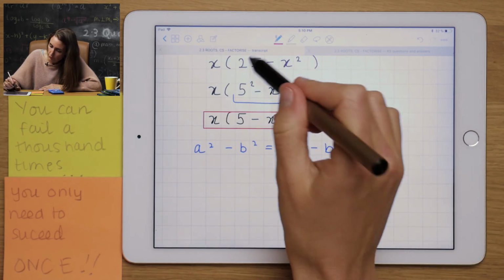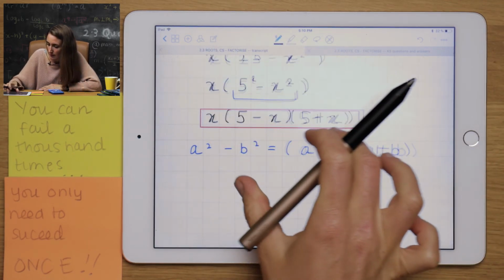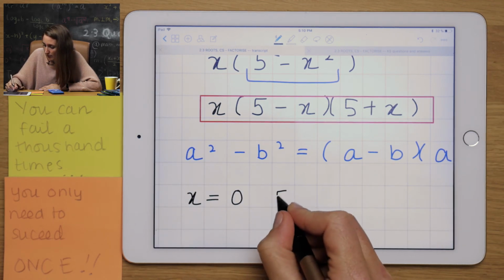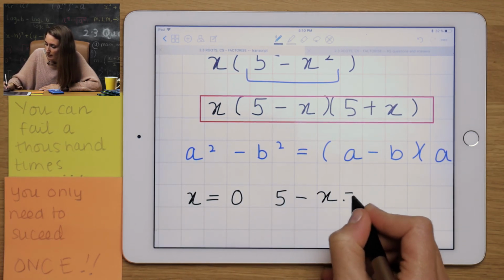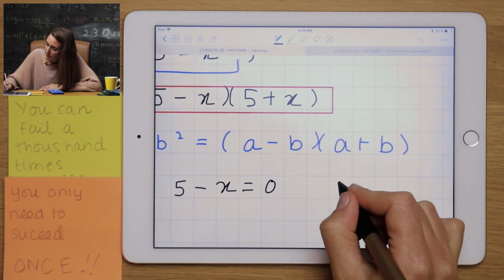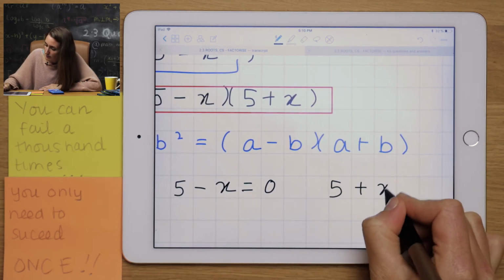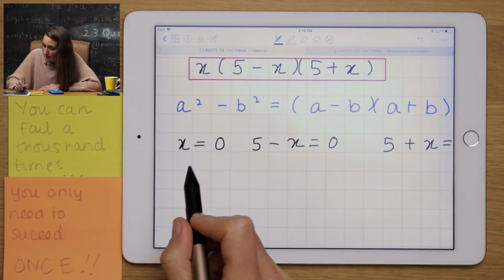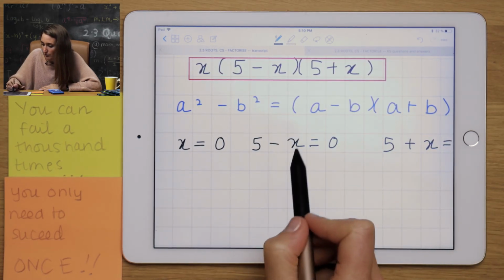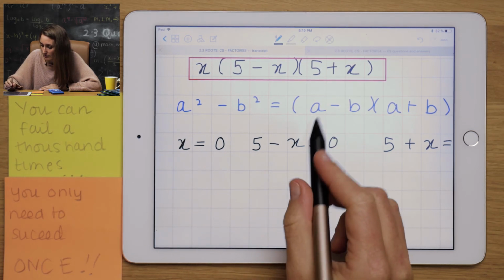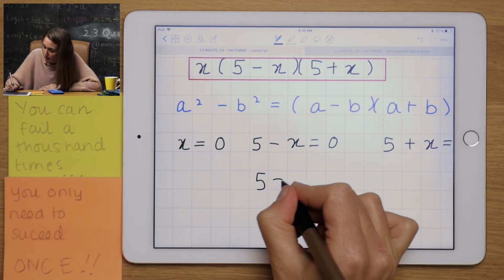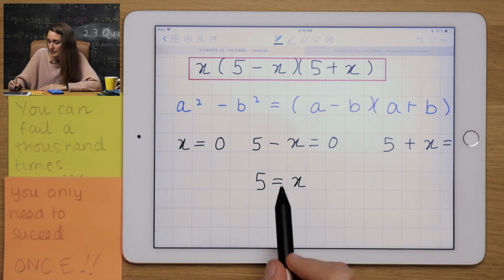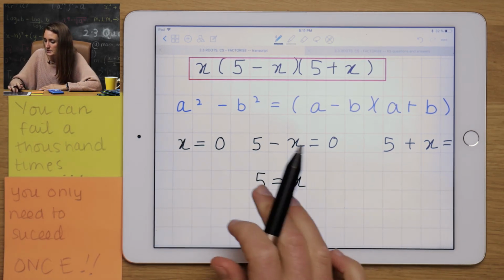My roots will be x equal to 0, 5 minus x equal to 0, and 5 plus x equals to 0. Now, in this one, I'll move the minus x to this side, and I'll change that minus x into plus x, leaving the 5 where it was.